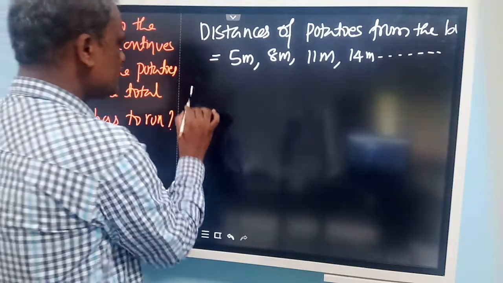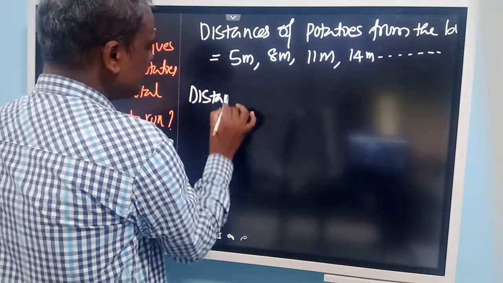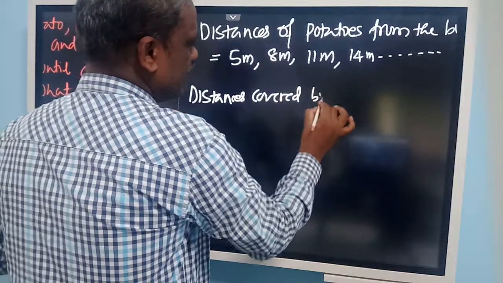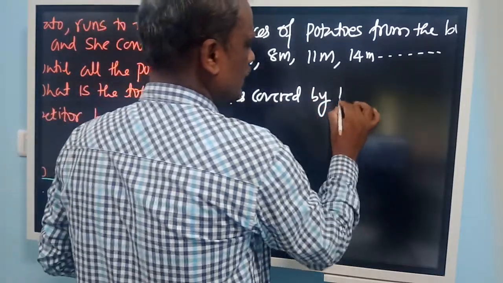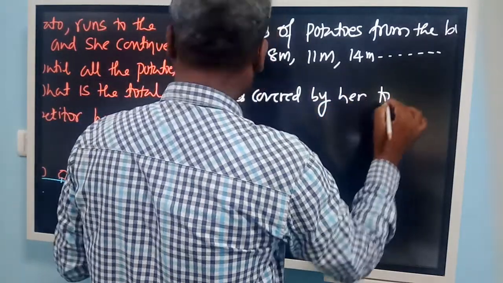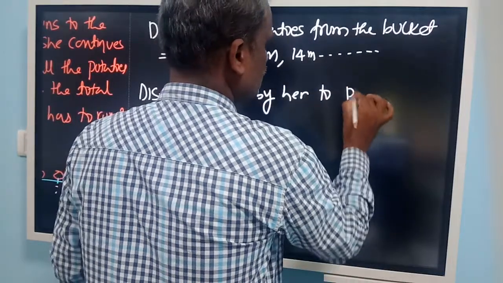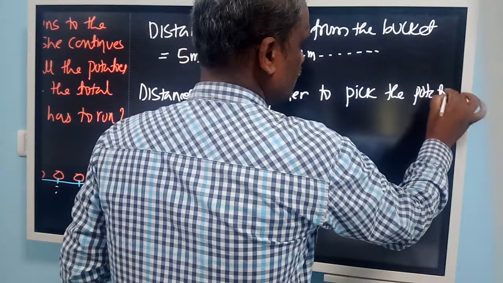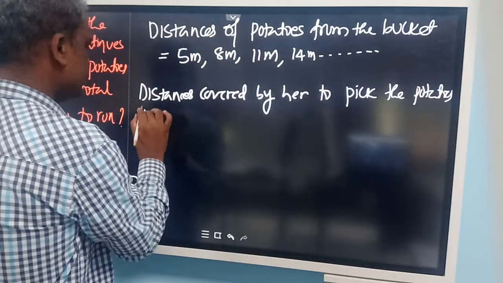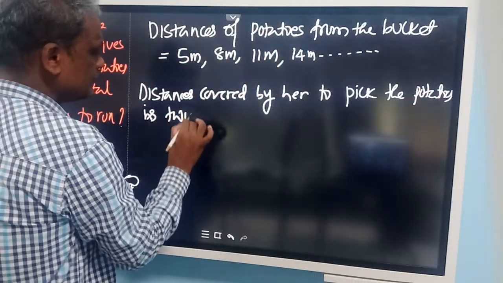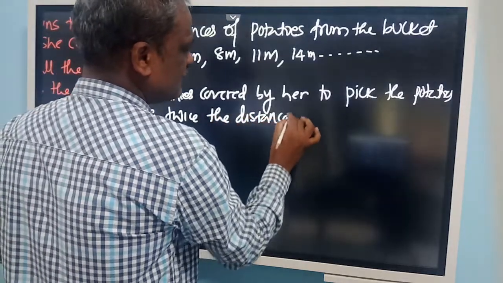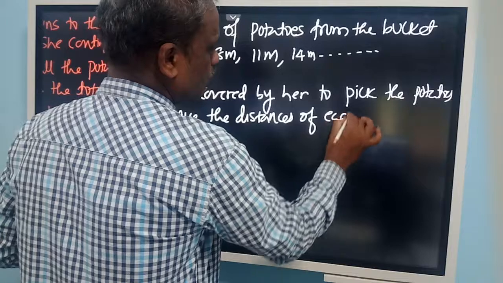So the distances covered by her to pick the potatoes is twice the distance of each potato.